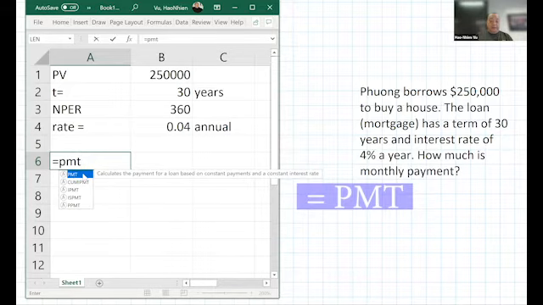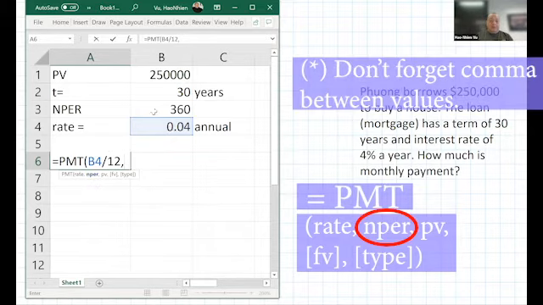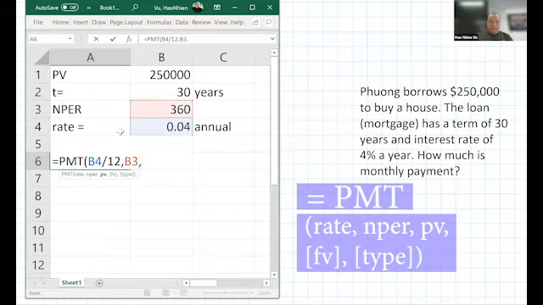I click on it, and it gives me a reminder of what kind of numbers to put in. It tells me first to put in the rate. So yep, this rate. But that rate is the annual rate, so I need to divide by 12. Then comma, NPER, or number of periods, is this number. So I click on that, comma.